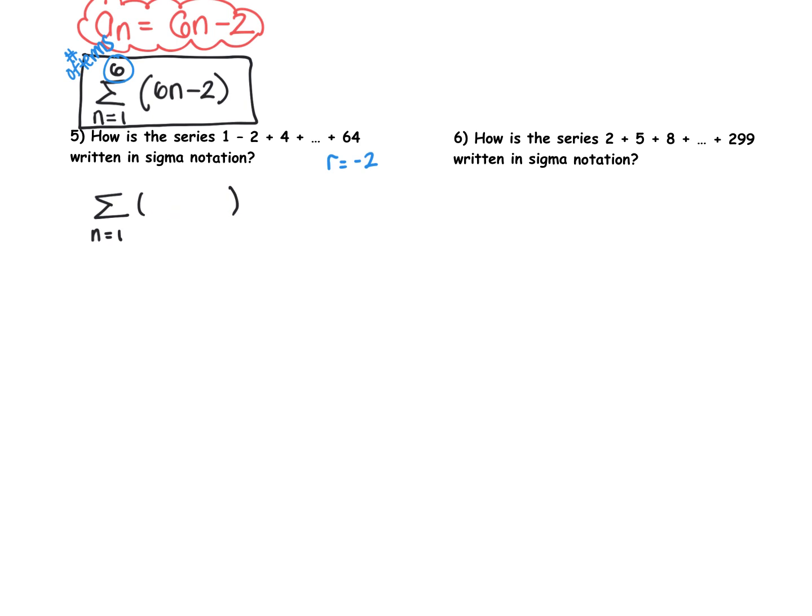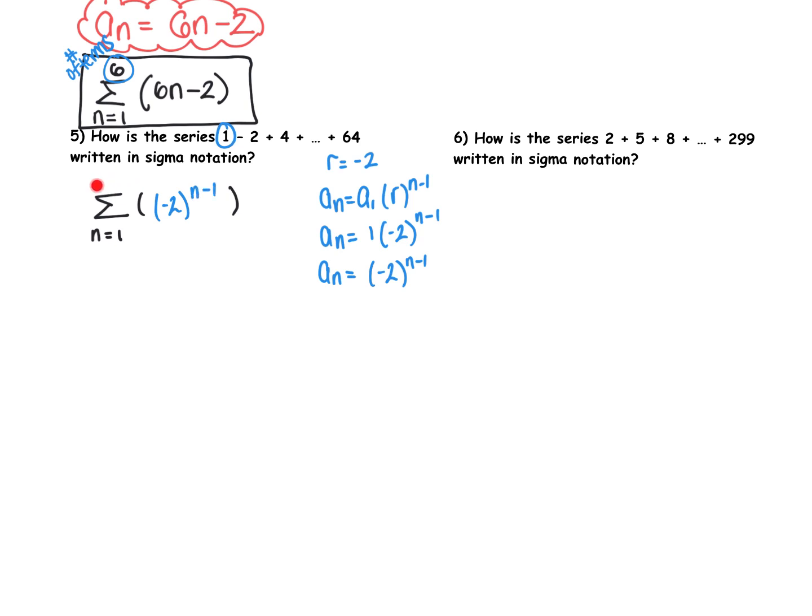To find my sequence formula, I'm going to use a sub n equals a sub 1 times r to the n minus 1. So my first term is 1. My common ratio is negative 2. And I'm going to leave the n minus 1. If you want to simplify it a little bit more, you don't need the 1 in front, so you can just say it's negative 2 to the n minus 1. And that will be my sequence.